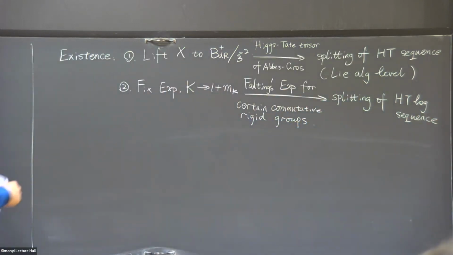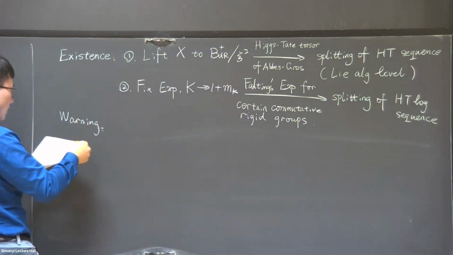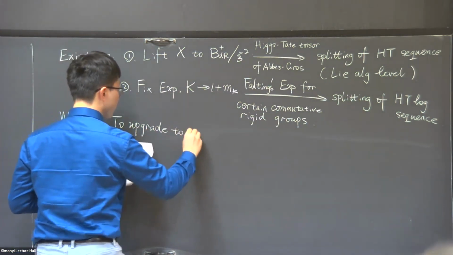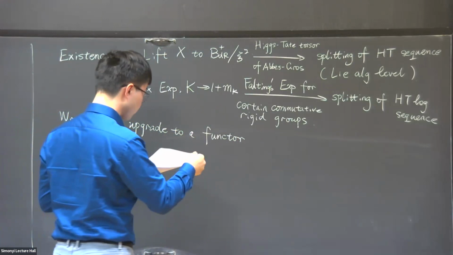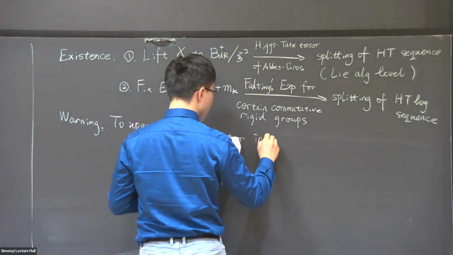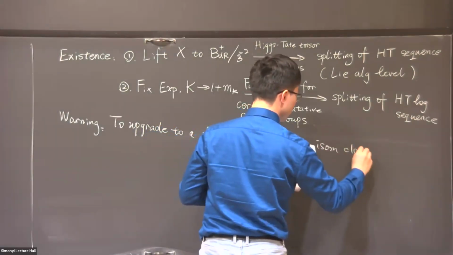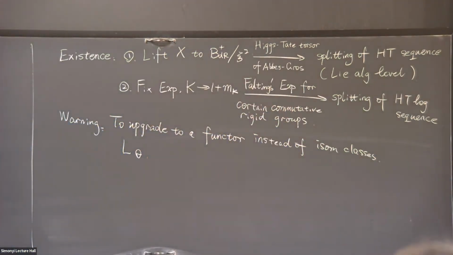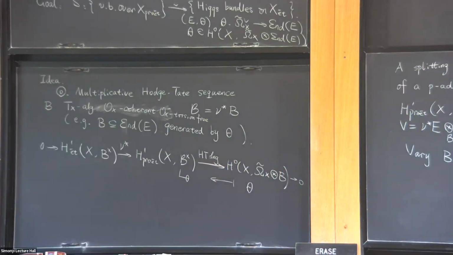But notice that to upgrade to a functor between categories of Higgs bundles and vector bundles instead of just the isomorphism classes, we should pick this L_θ as a specific invertible B-module instead of just an isomorphism class, which is an element of the cohomology group.